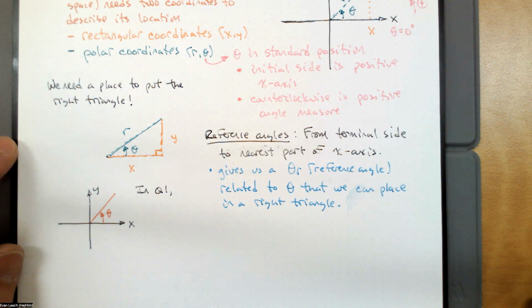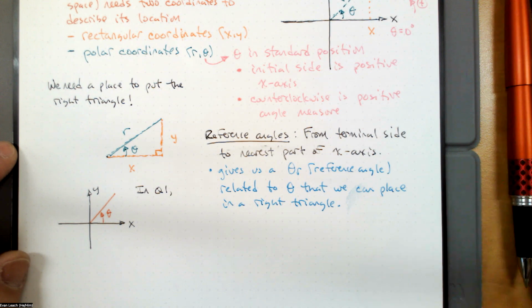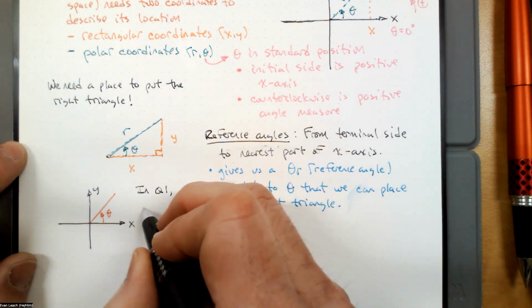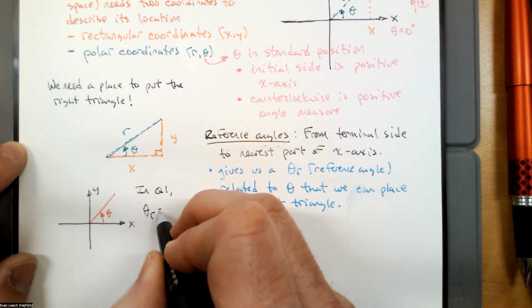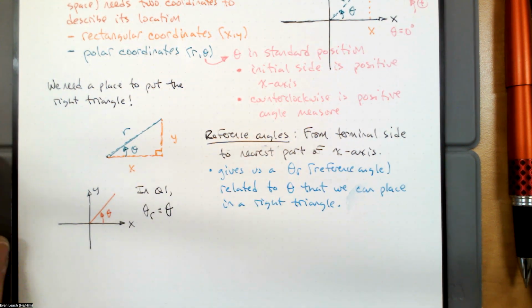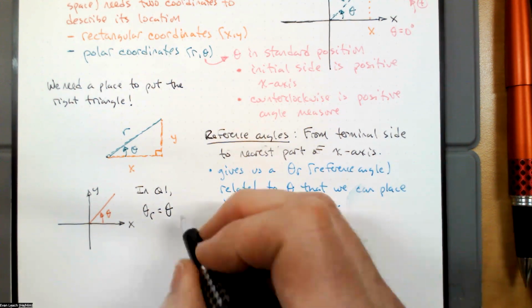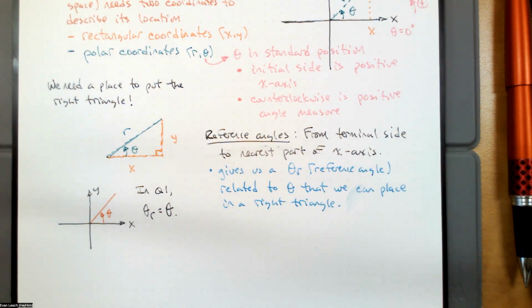So we'd say that the reference angle is just the angle itself. In quadrant one, theta is already an acute angle, and we can already put it into a right triangle.